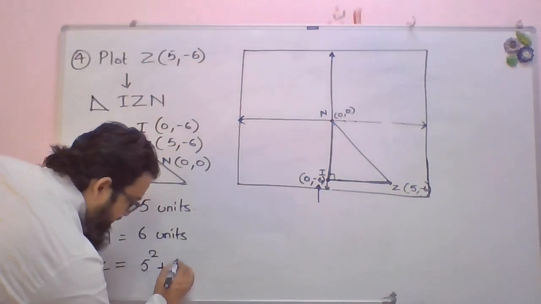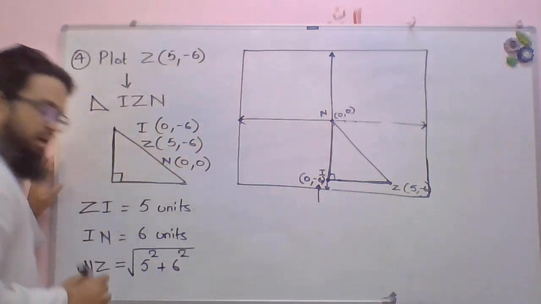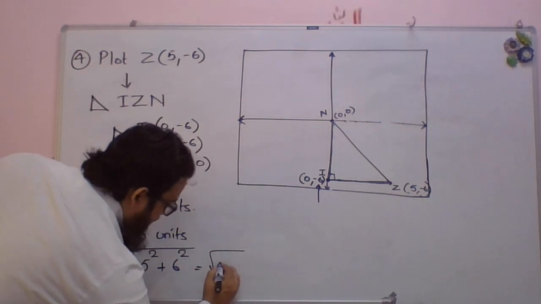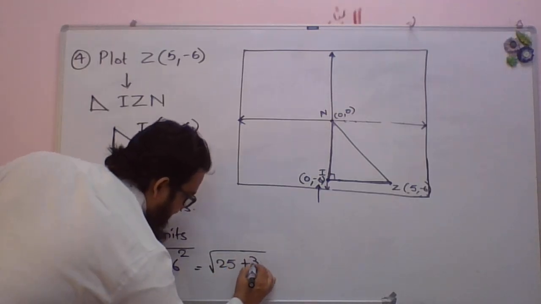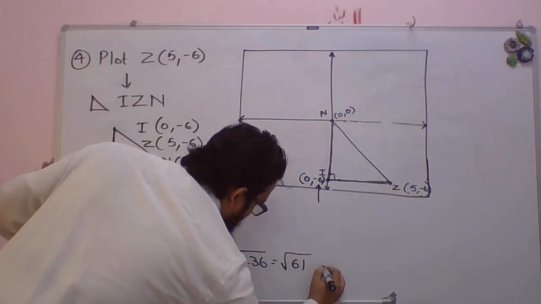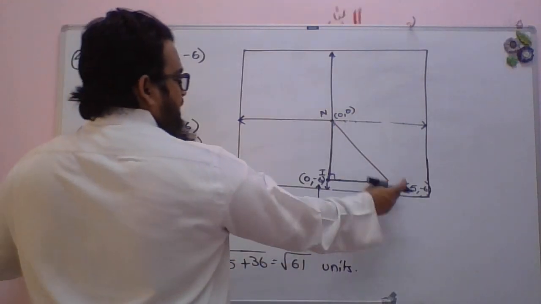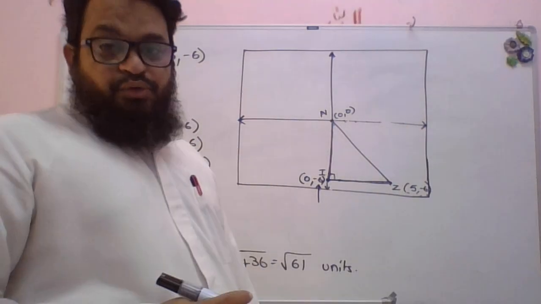So 6 and square it. And after that, add these two and take the square root of it. So that is equal to square root of 5 square is 25 plus 6 square is 36. So that is equal to square root of 61 units. So what is the distance between N and Z? NZ is equal to square root of 61 units.